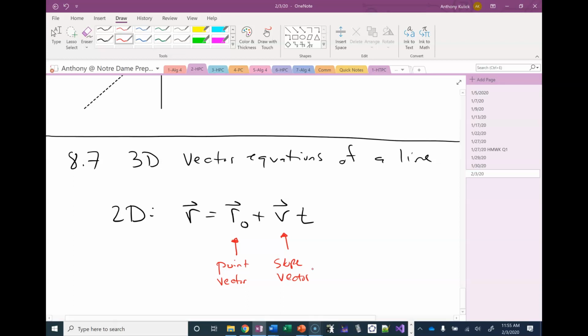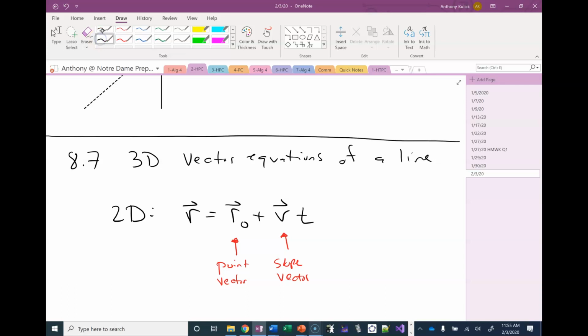Now, if I have three components, if each point has an x, y, and z coordinate, what the heck does slope mean? In 2 dimensions, we define slope as rise over run, correct? Change in y over change in x. If we have a third component, does slope really make sense to have that kind of a definition there?